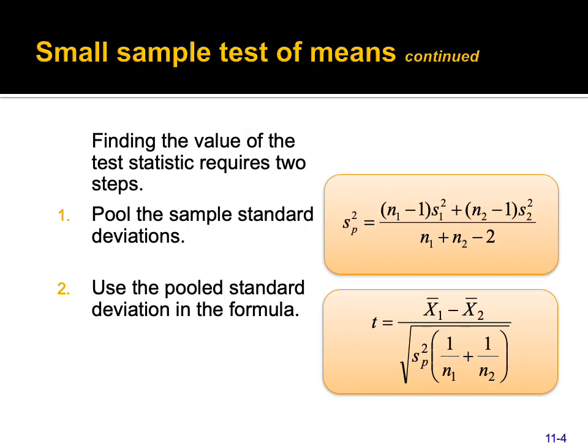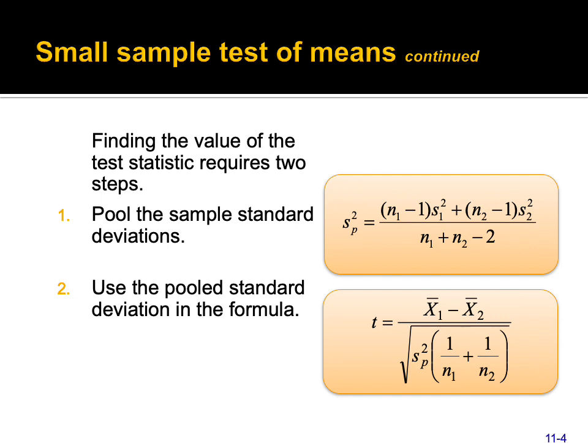All right, so how do we find the t-statistic for the pooled t-test? Well, the first thing we need to calculate is the pooled variance, S_p squared.